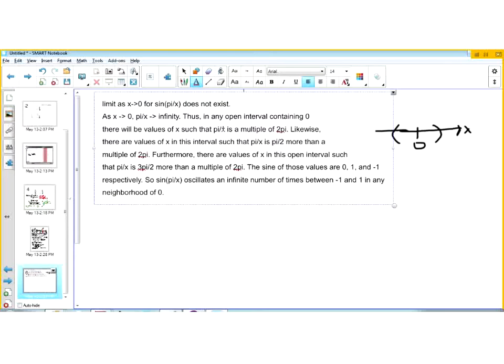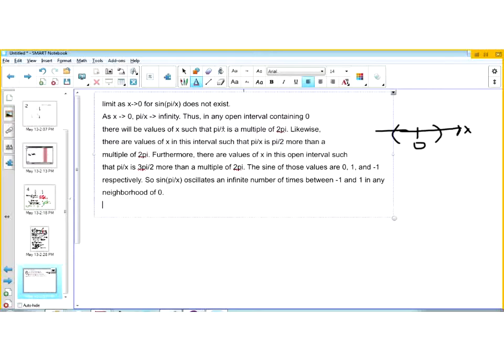Because you can always find these x values that generate output pi over x of being 2 pi, or a multiple of 2 pi, or pi halves plus a multiple of 2 pi, or 3 pi over 2 plus a multiple of 2 pi. Convince yourself that you can find an infinite number of x values that would generate this.